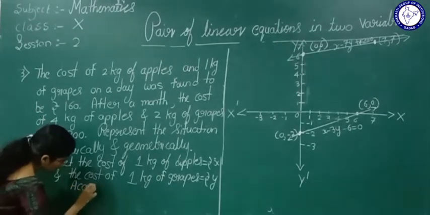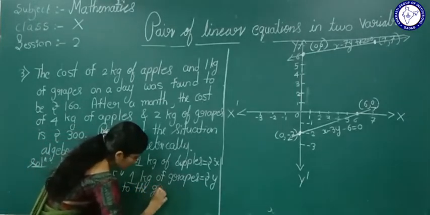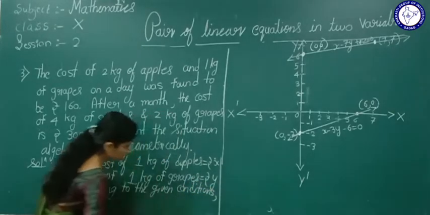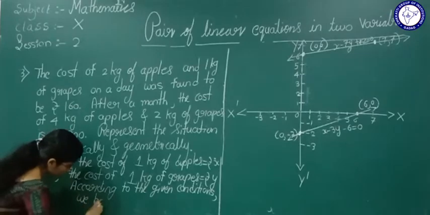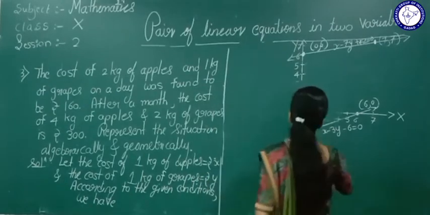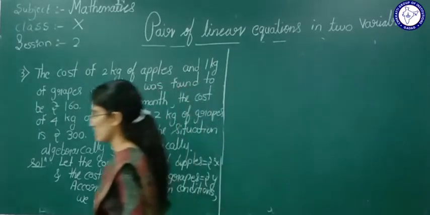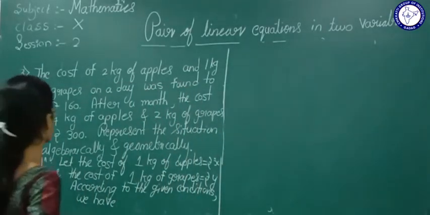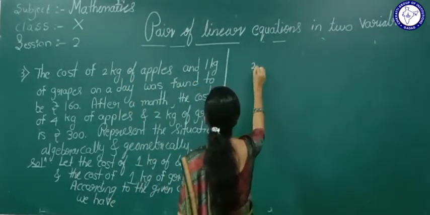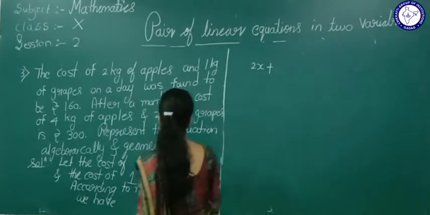According to the given conditions, we have, see here what they gave: the cost of 2 kg of apples, 2x, plus 1 kg of grapes, y.